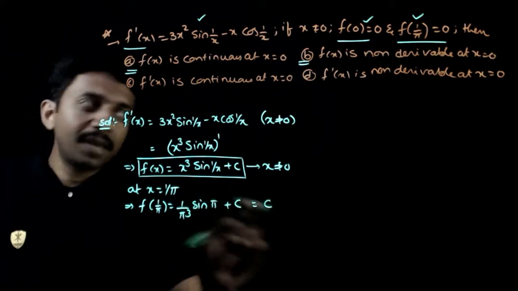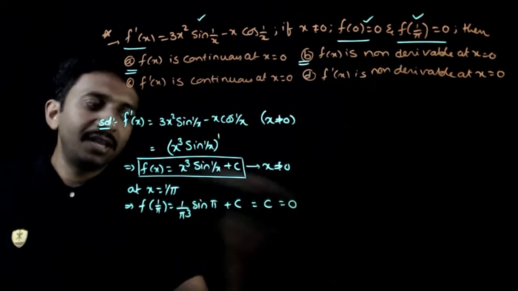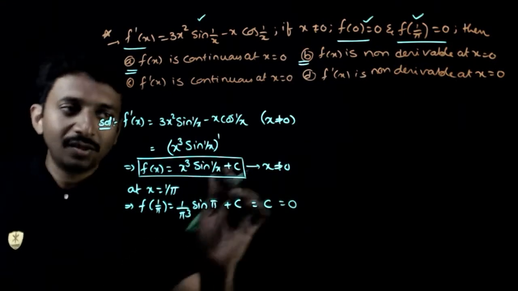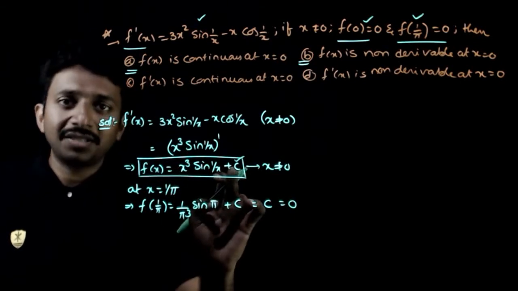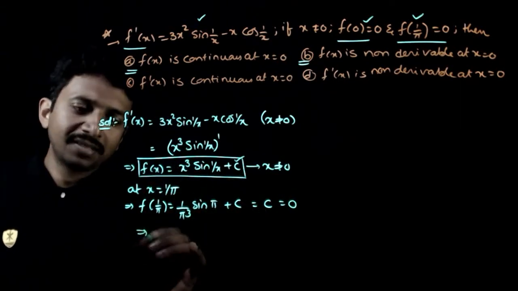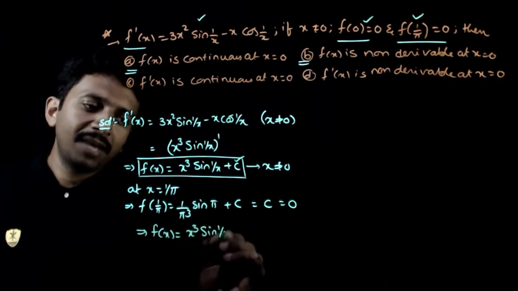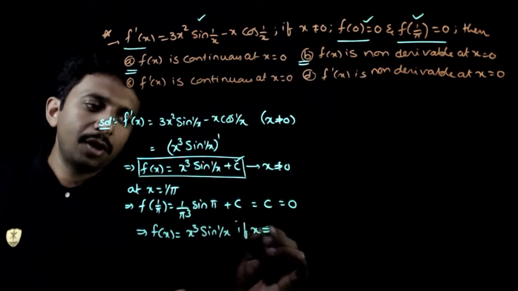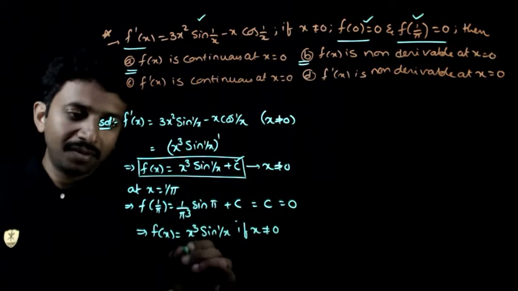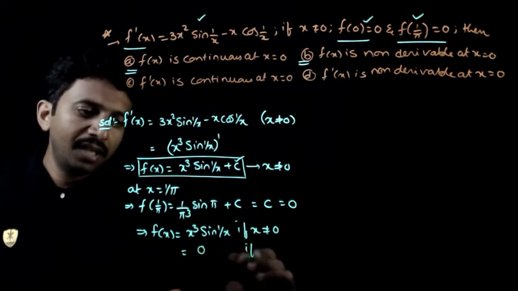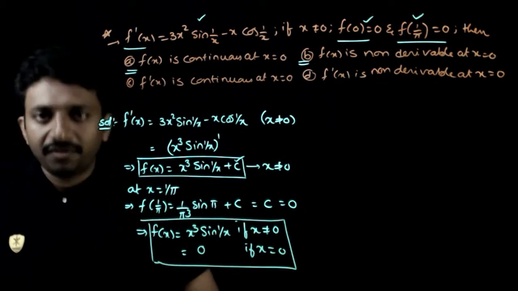So f of 1 by pi is equal to c, but f of 1 by pi is given as 0, so this has to be equal to 0. So my integration constant is 0. So this implies my f of x is equal to x cube sine 1 by x if x is not equal to 0, and x अगर 0 है तो f of 0 is given as 0, so 0 if x is equal to 0. So this is my definition of f of x.